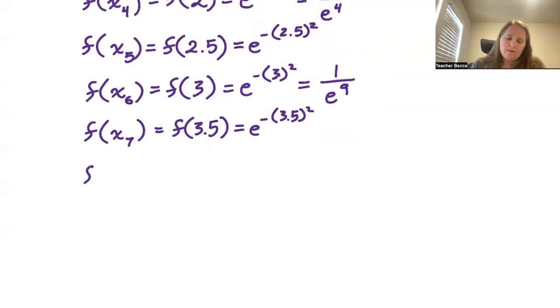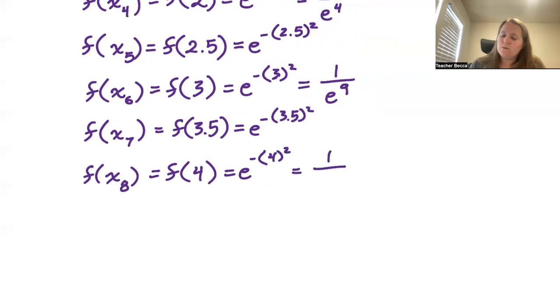And finally, f of x8, we are looking at f of 4, or e to the negative 4 squared, otherwise known as 1 over e to the 16th.